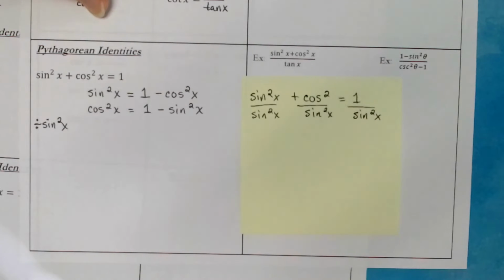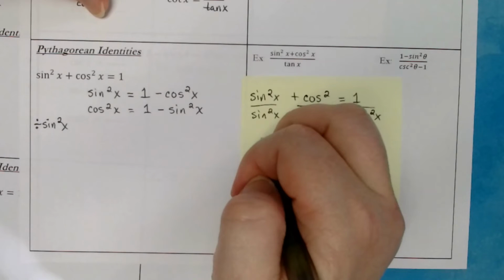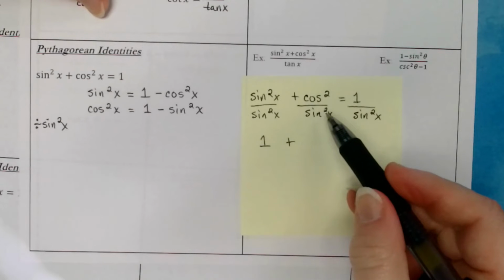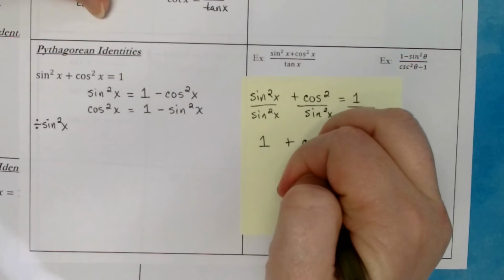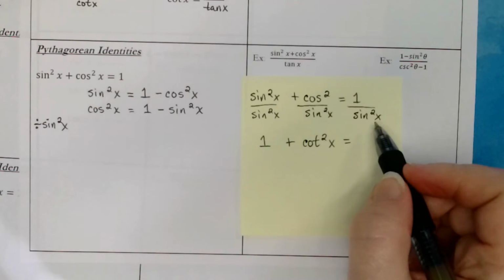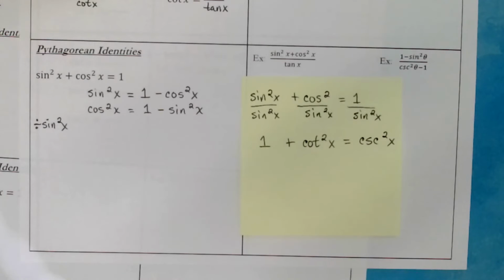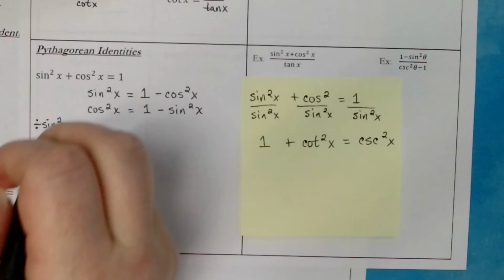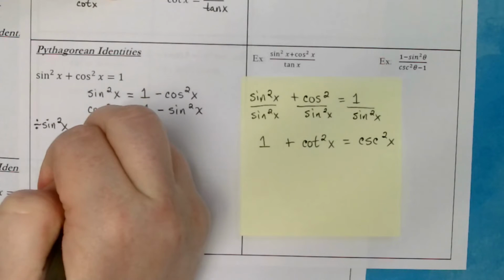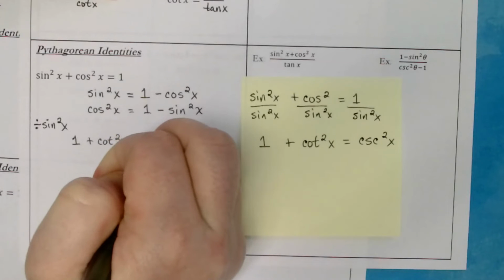Well, sine squared x divided by sine squared is just 1. That's easy. Cosine over sine, we just learned that's cotangent, so that's cotangent squared x. And 1 over sine, that was cosecant squared. So I can write the same Pythagorean theorem as 1 plus cotangent squared x equals cosecant squared x.